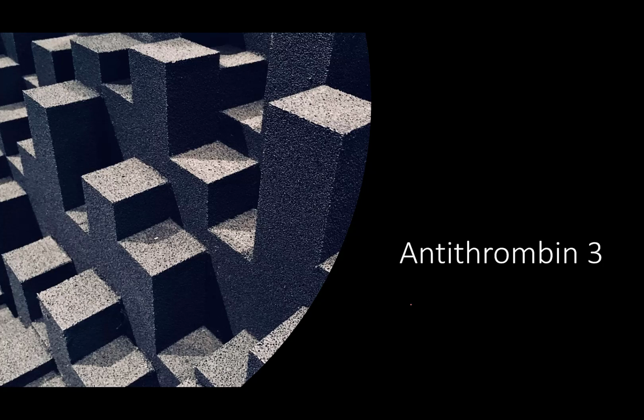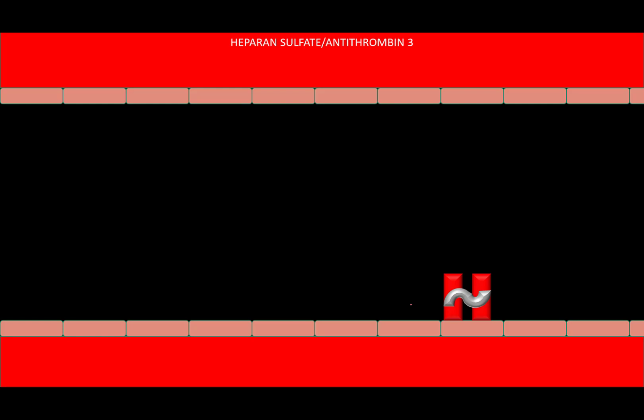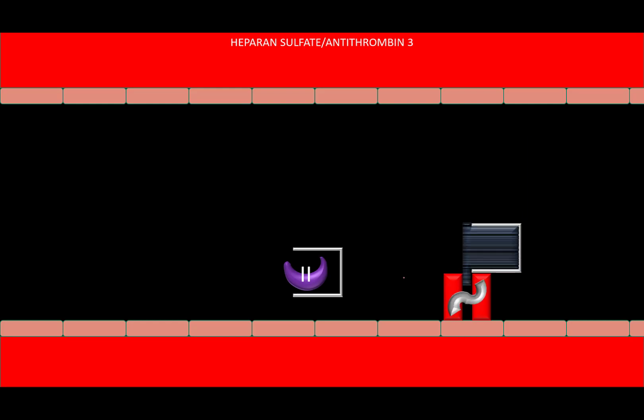Now there are other indirect pathways such as antithrombin 3. This is the same antithrombin 3 which is potentiated when we give heparin. Whenever we give heparin, it is not the heparin which is working, it is the antithrombin 3. Let's see how it works. The normal endothelial surface has a molecule called heparan sulfate. This heparan sulfate activates antithrombin 3. This active antithrombin 3 binds to factor 2 and factor 10.